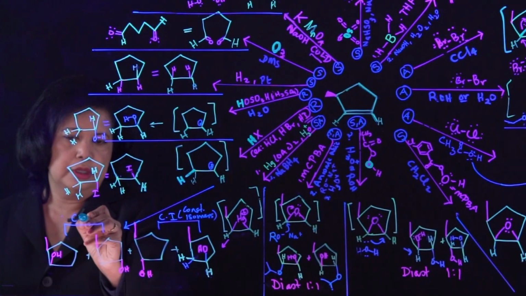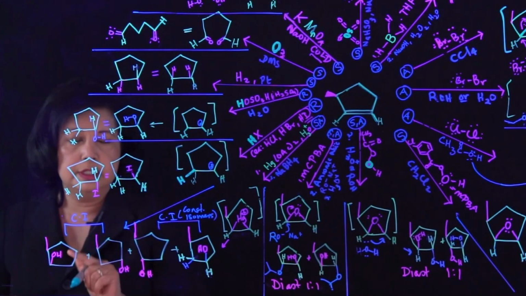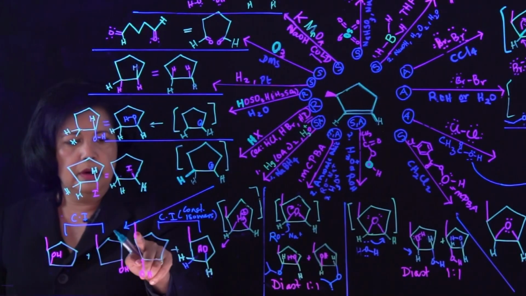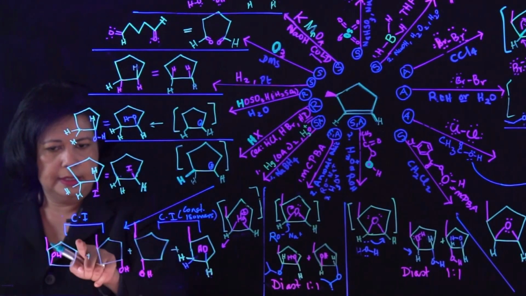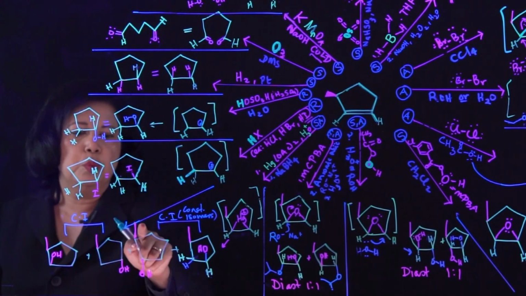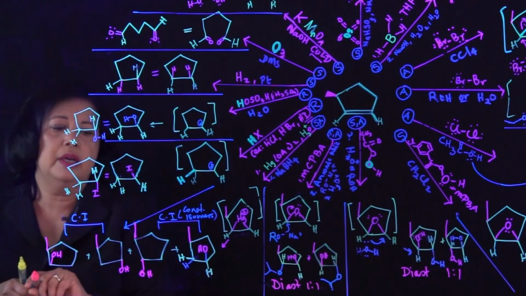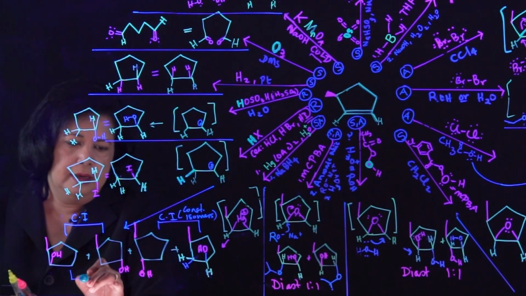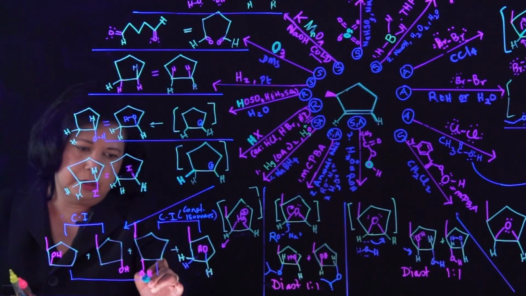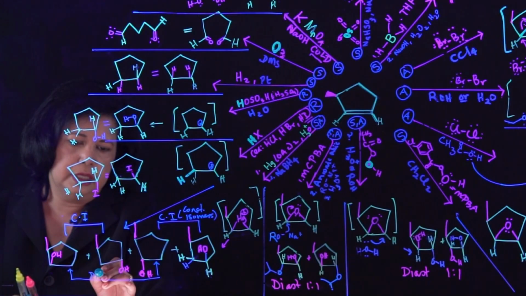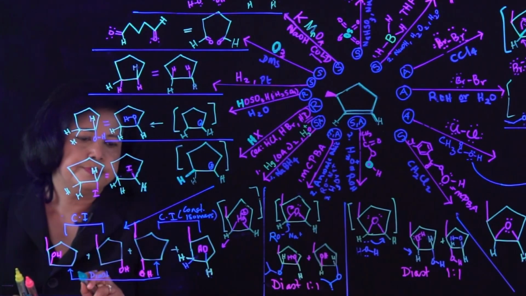Now over here, if you take both of these, same here, both of these are also going to be constitutional isomers because you have a position shift. But if I take this and this, well, all the things are connected to the same carbons. But over here, just one of them is flipped, one of them is the same. So they are stereoisomers, but they're not mirror images because they are diastereomers. Stereoisomers that are not mirror images are by definition diastereomers.